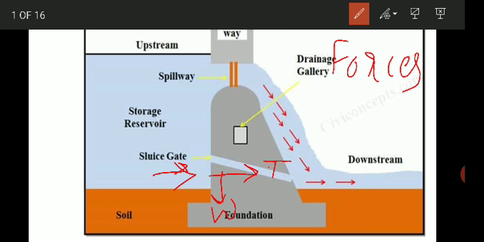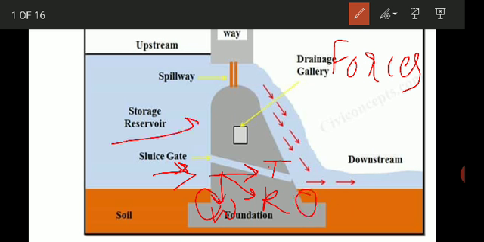The resultant of these two forces, W and T, is called R. So R is the resultant of the forces T and W, where T is the water pressure from the reservoir and W is the weight of the dam. This R indicates that when the reservoir is full, the toe of the dam is overloaded. This portion is the heel and this is the toe.